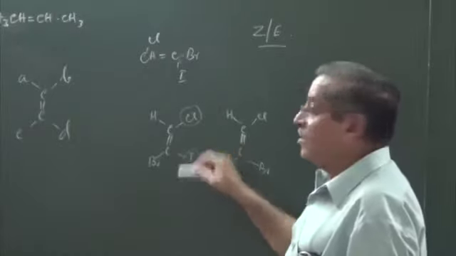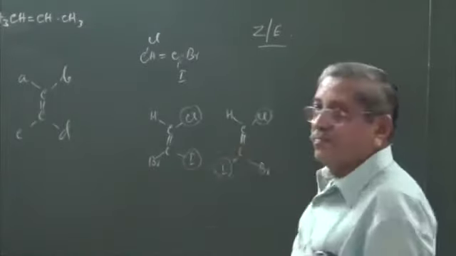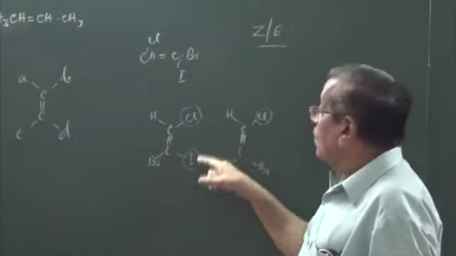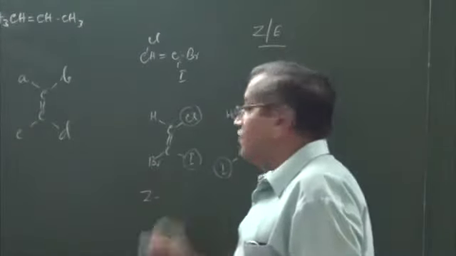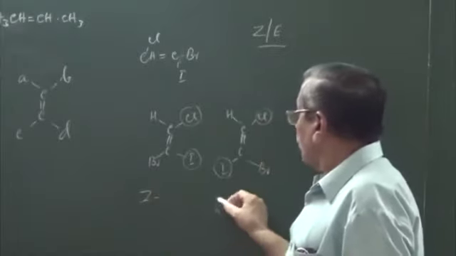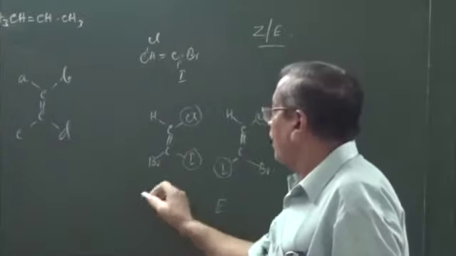Iodine. When such higher priority atoms are on the same side of the double bond, it is called Z form. When they are on opposite sides of the double bond, it is called E form. Z form and E form.